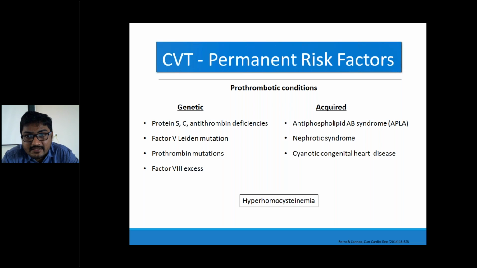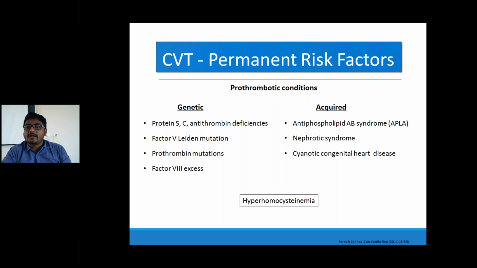What are the vitamins promoting the pathway of homocysteine? Vitamin B6 and B12, right? Pyridoxine, B6, and B12. So for this patient, if you supplement pyridoxine as well as B12, the homocysteine levels will decrease, right?